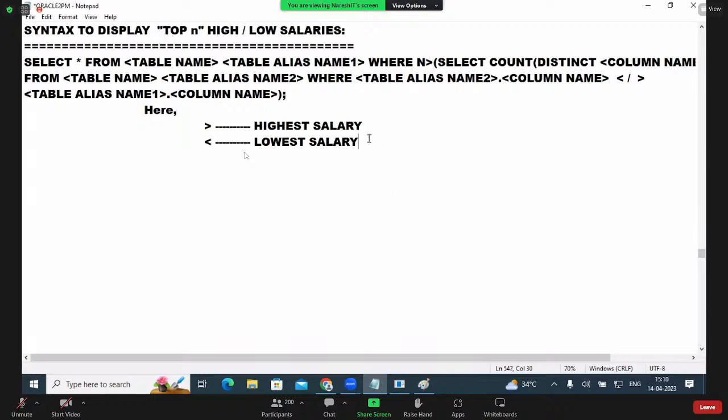Okay, right. So by using this syntax we can find out the top n people's data.